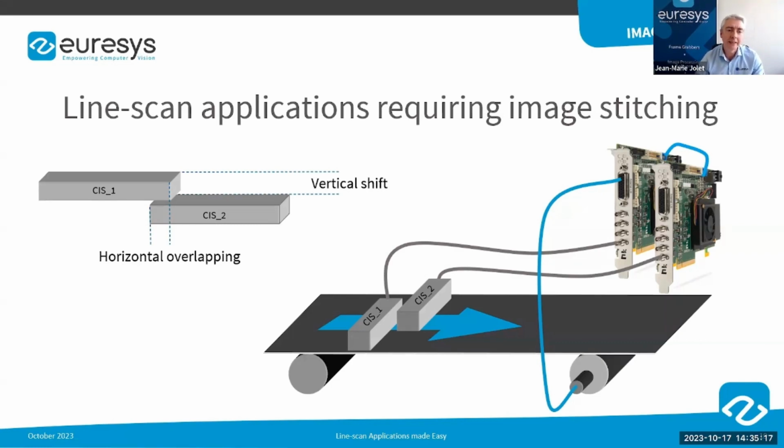Instead of feeding its own memory buffer, each frame grabber accesses a common big buffer and transfers its image data at the relevant location, taking into account the vertical shift and the horizontal overlapping. So the image stitching is performed on the fly by DMA transfer. It does not require any CPU usage or image copy, so the CPU is fully available for the image analysis.